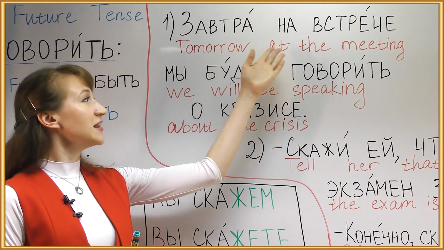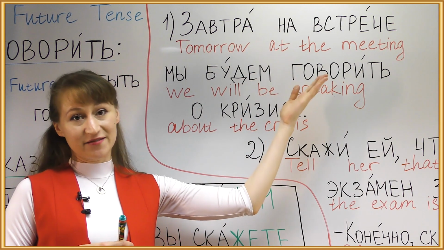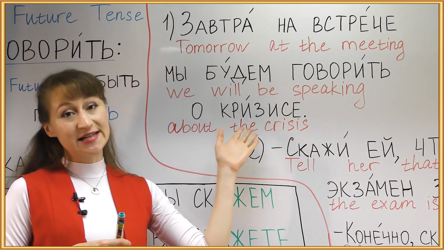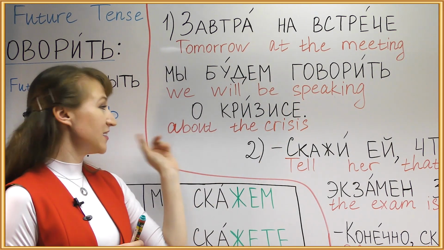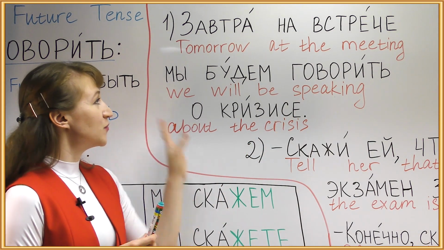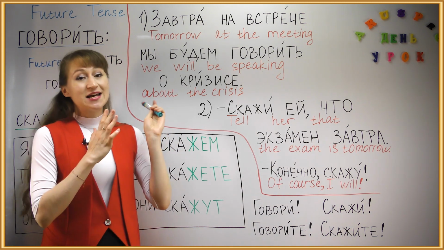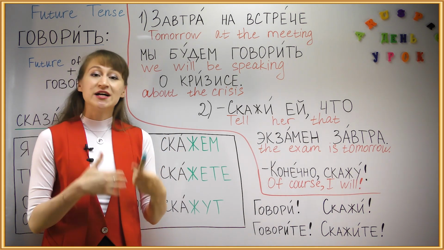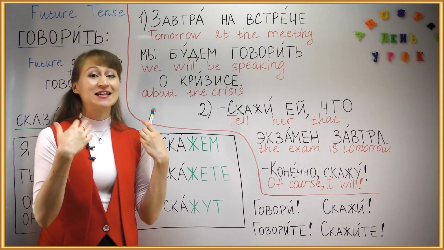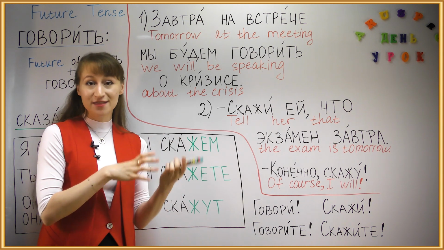Завтра на встрече мы будем говорить о кризисе. Well, here O is not stressed. О кризисе. So, tomorrow at the meeting, we will be speaking about the crisis. In this example, we are describing something that is going to be happening for some time in the future.